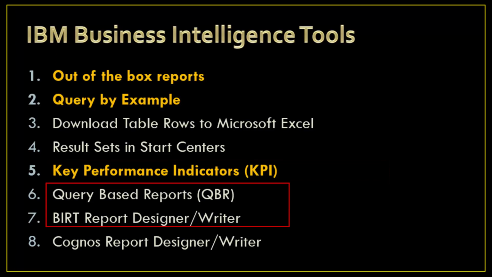Finally, Maximo includes two different types of SQL-based report designer applications. BERT reports have been the native report type and the designer tool included in Maximo since version 7.0. This is a freeware report design tool based on the Java Eclipse framework.